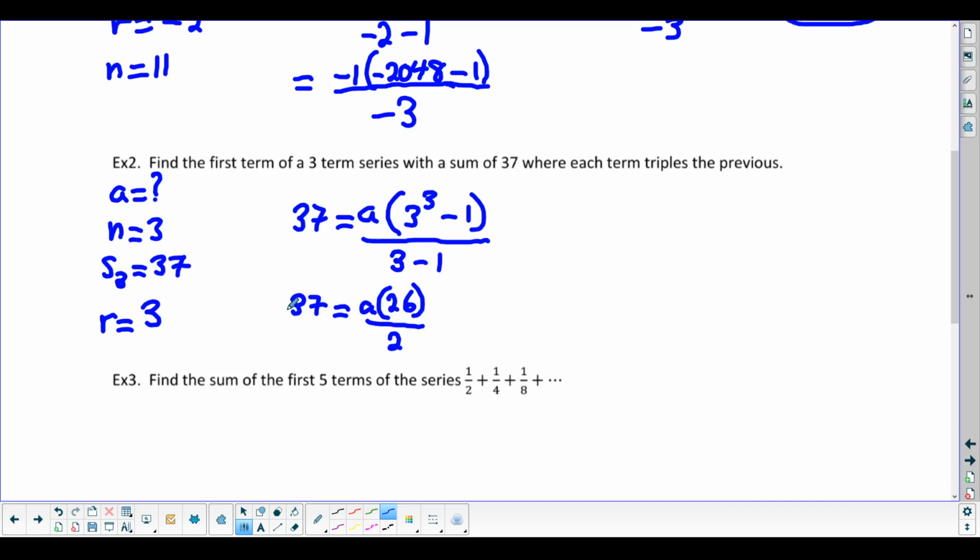Okay, so we'll multiply the 2 up, divide by 26. We'll get A is 74 over 26. And we'll simplify that fraction. That's not too ridiculous to simplify. Everything's divisible by 2. Get 37 over 13. Right, the value of the first term.